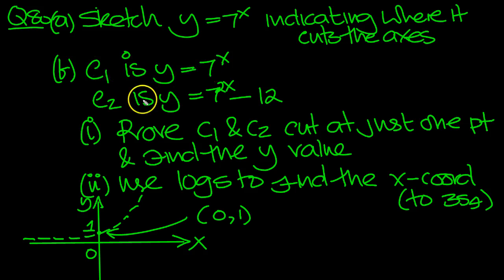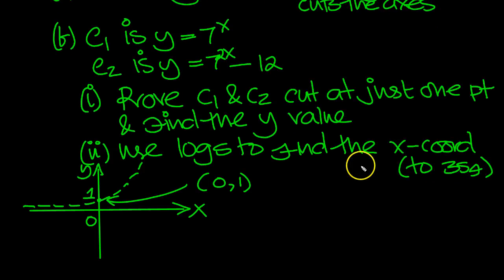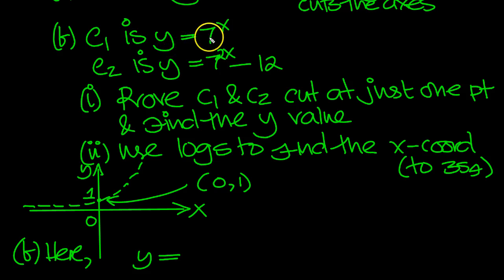Okay, C1 is that. C2 is this curve. Prove that C1 and C2, using a quadratic, cut at just one point, and find the y value. So let's have a look at B then. So here, what have we got then? We've got y equals, so let's sub this in here.